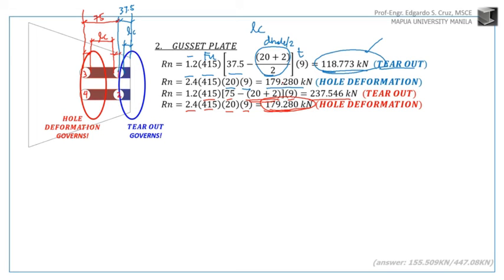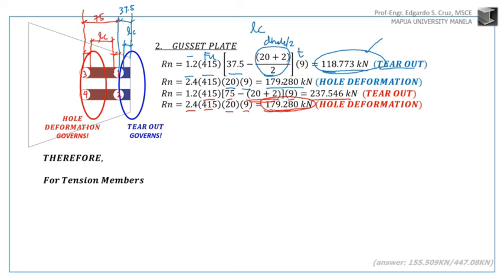Okay? So, pwedeng kombinasyon, no? Yung mga nasa interior, nasa exterior na connectors, pwedeng tear out, pwedeng hole deformation, pwedeng magkabaliktad, pwedeng magkaparehas. So, you just have to check the values of its Rn kung sino yung mas maliit para malaman kung ano yung mag-govern. Okay?